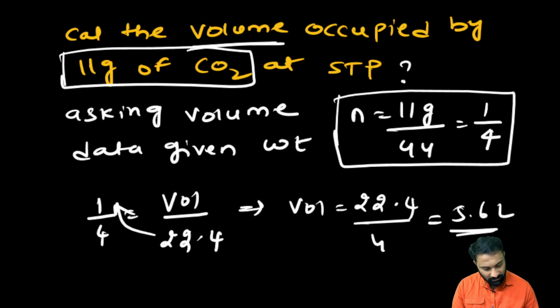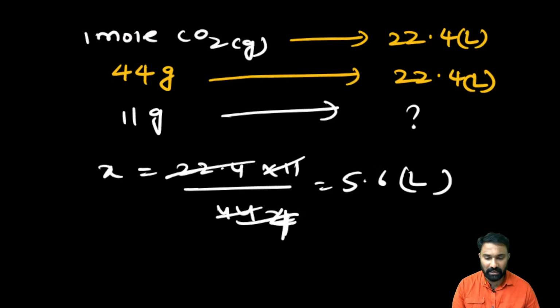This is on the basis of the formula, and this is the direct trick. In whichever way you are convenient, use that for each question. Okay? Is it clear? I hope it is clear for you, or do you still have any confusion?